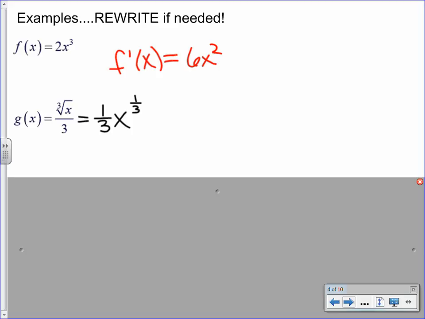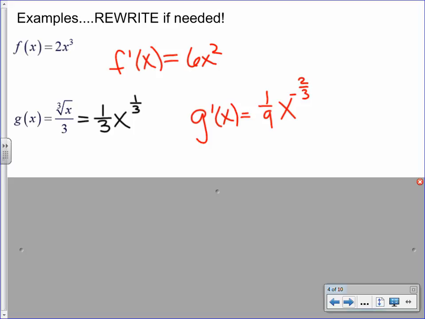And so when we take the derivative, what is our coefficient? 1/9. We take 1/3 times that power goes in front, and now x is to the what power? Negative 1/3 power. Negative 2/3.